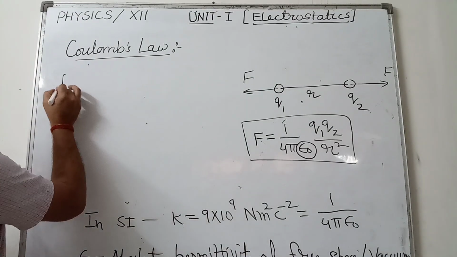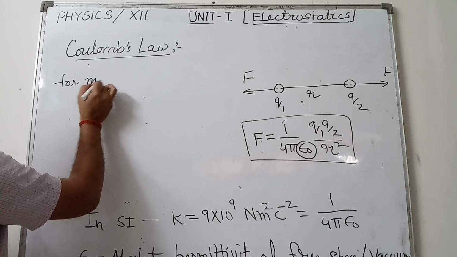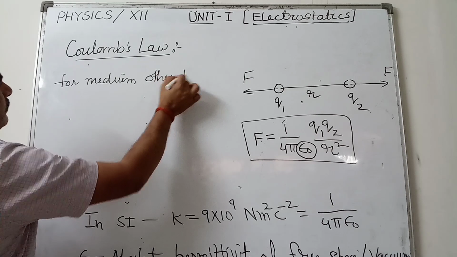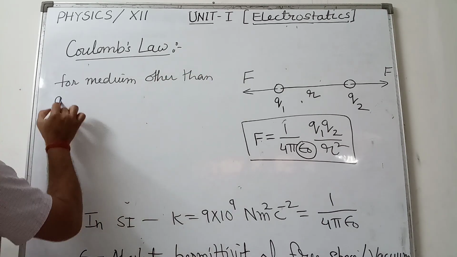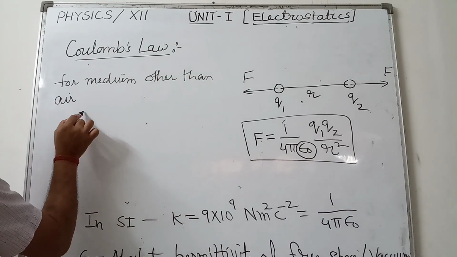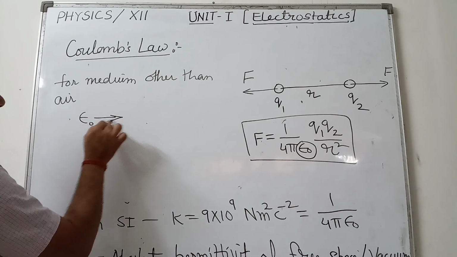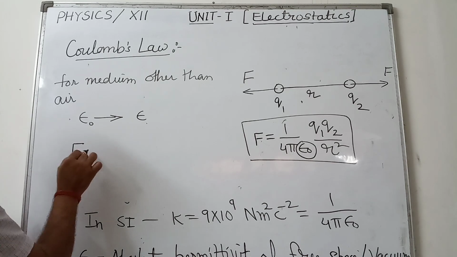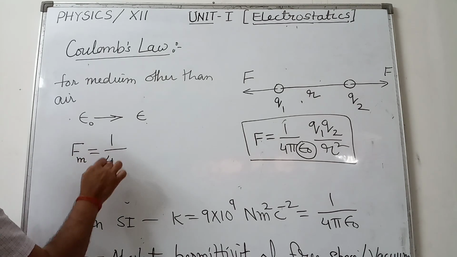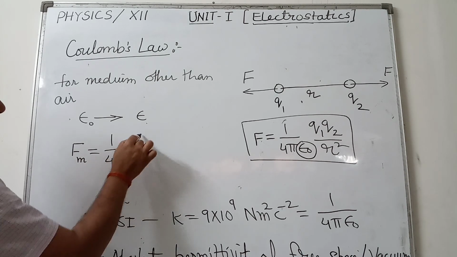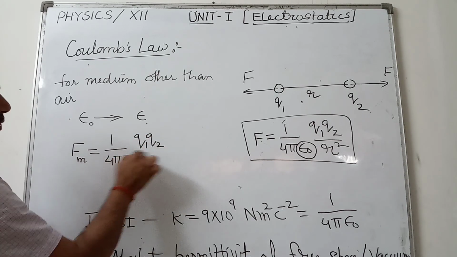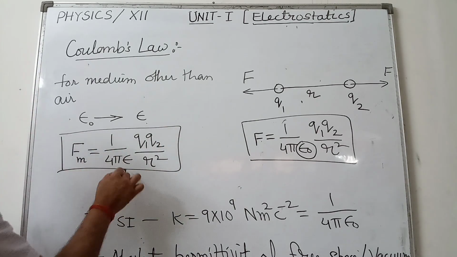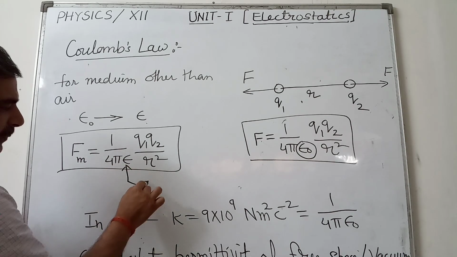So for a medium other than air, epsilon naught gets replaced with epsilon. So you can write the Coulomb force in a medium as 1 over 4 pi epsilon Q1 Q2 over r square. Here this epsilon is called the permittivity of the medium.